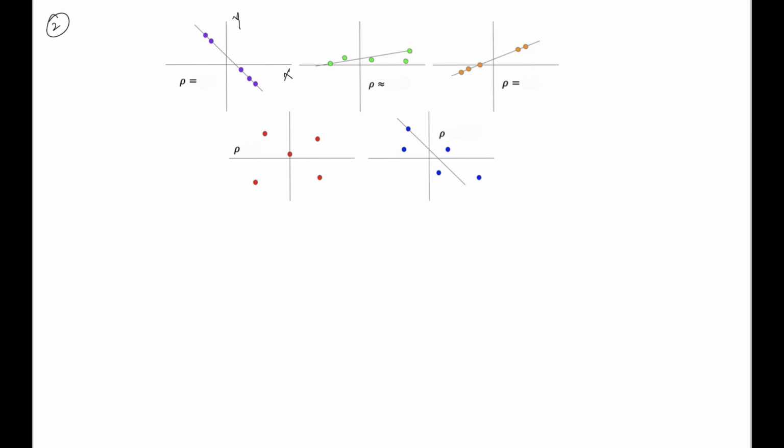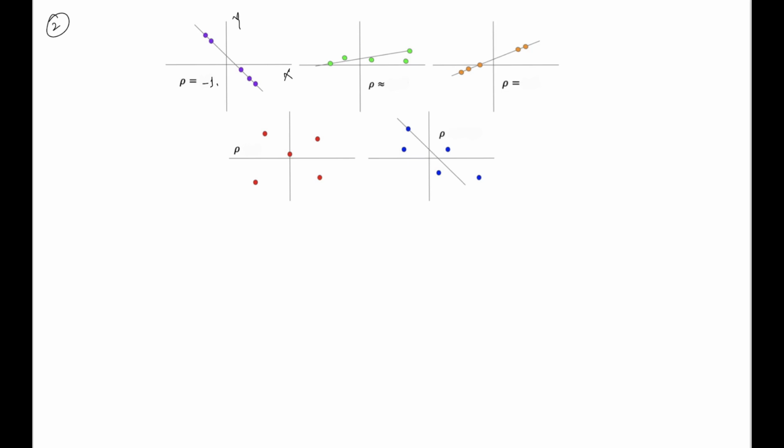But here the point is, if x is a bigger positive, then y is a bigger negative, and if x is a smaller positive, then y is a smaller negative. So they are in linear relation, but in a negative sense. If x tends to be larger, then y tends to be smaller. They have the perfect linear negative relationship, so the correlation coefficient would be -1 in this case.